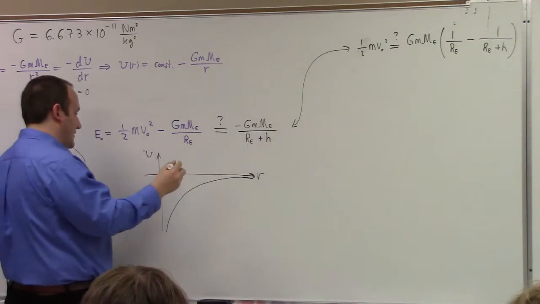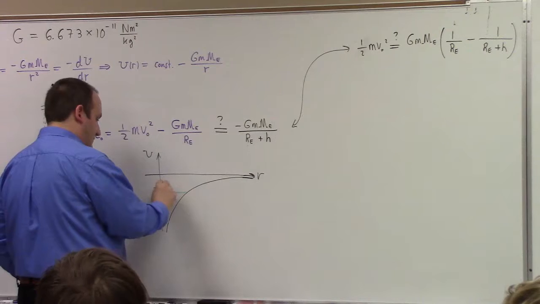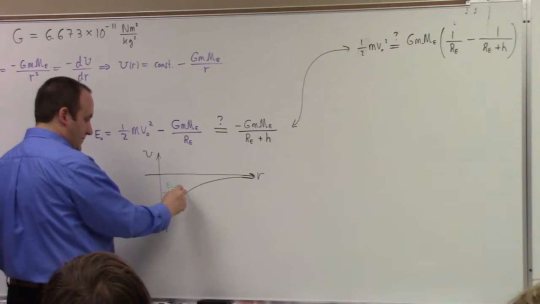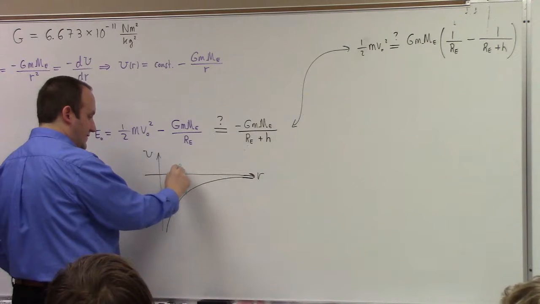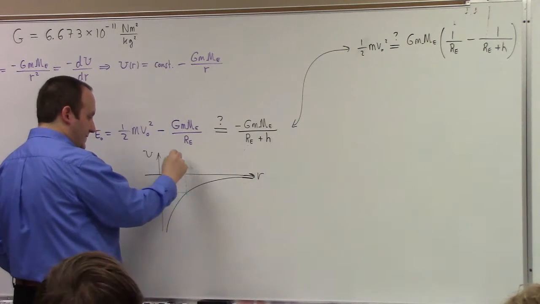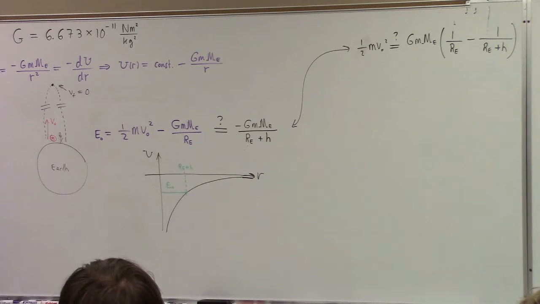If your net energy is like this, if this is E naught, well, this is the radius of the Earth plus h right there. That's the R where it turns around. That's where your potential energy is all of the energy, and the kinetic energy is 0, and it comes back.